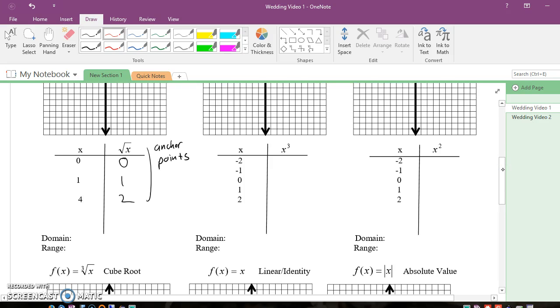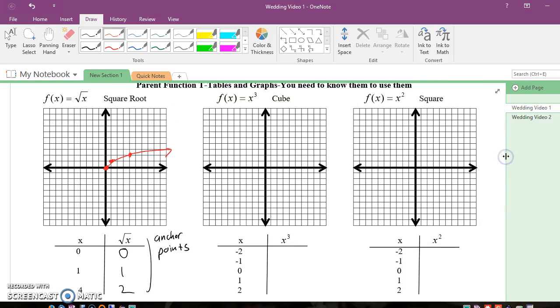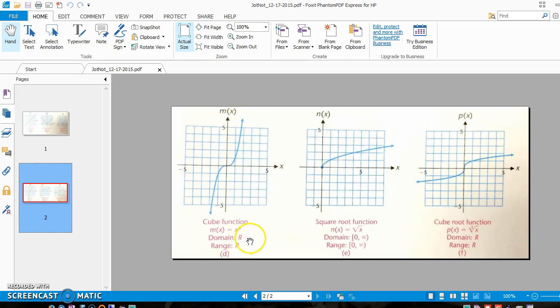Now, once you have the graph, you can use the trick where you hold your pen to the side and move to the right to get the domain, or start with your pen at the bottom and move up to get the range, or you can just look at the book.